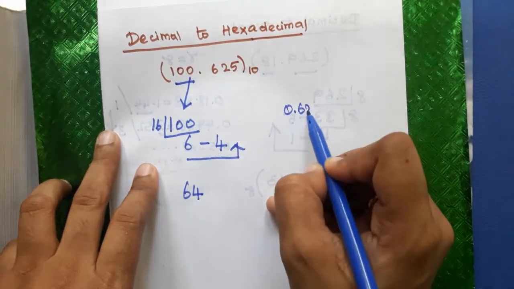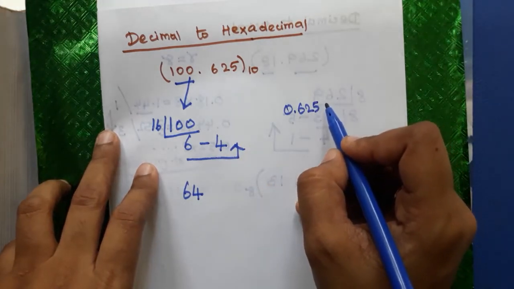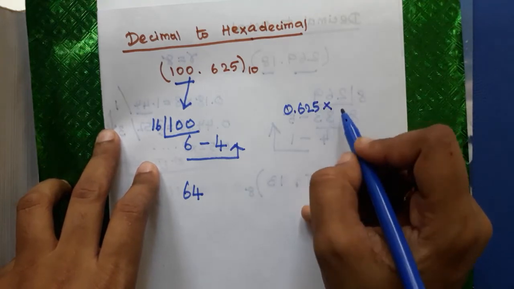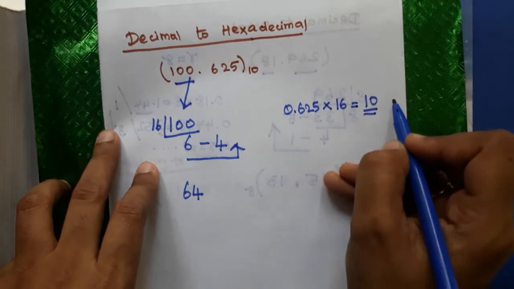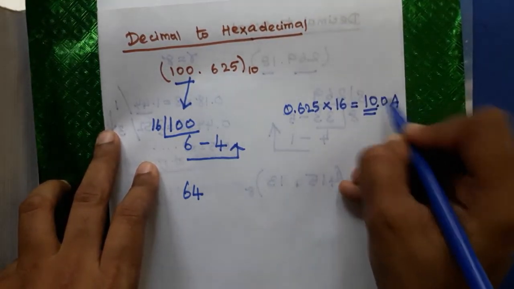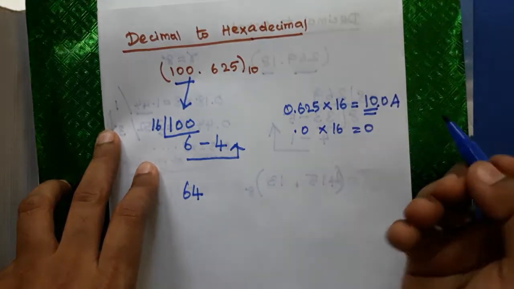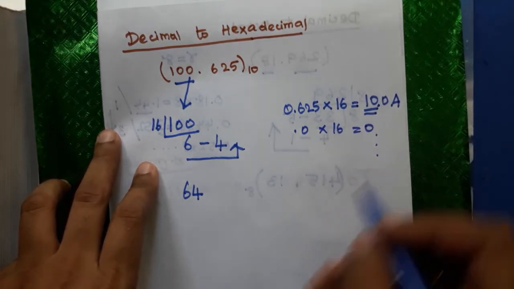Taking 0.625, I want to convert it into a fractional hexadecimal. So into 16, I will get 10. 10 can be represented as A in hexadecimal form. I do not have any fractional part. It is only 0.0 into 16. I will get only 0. So I need not continue further. If there is any other number, I can continue.